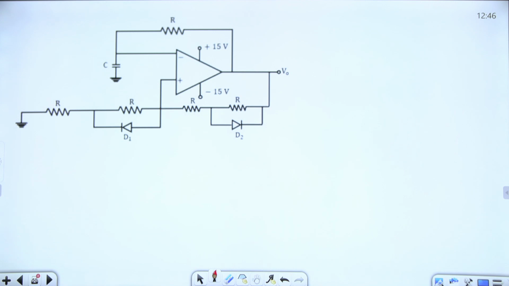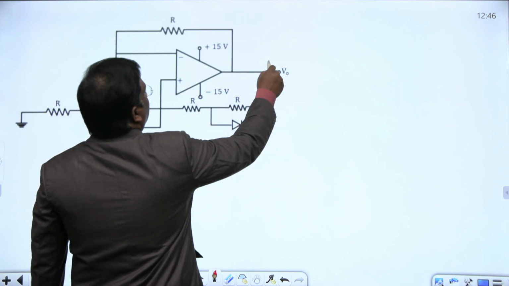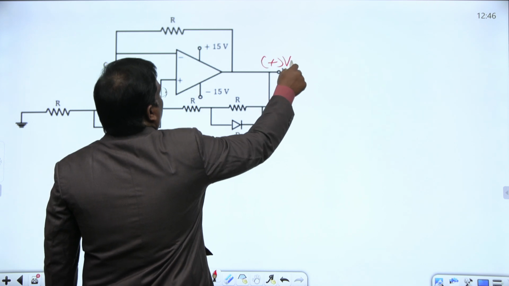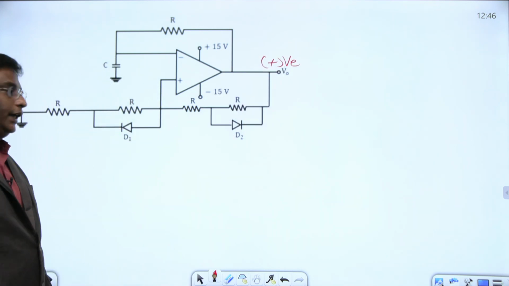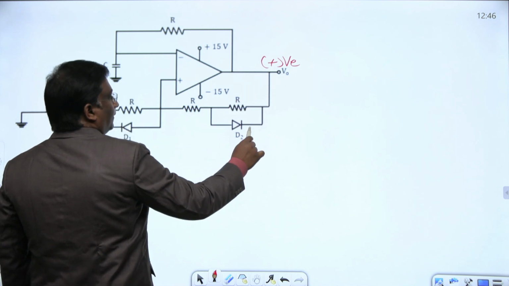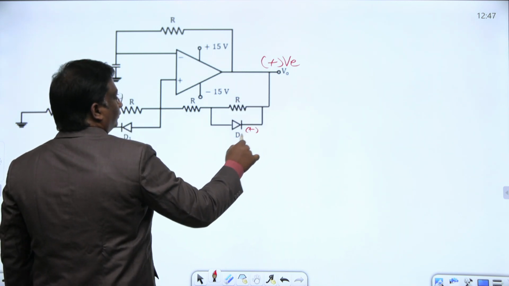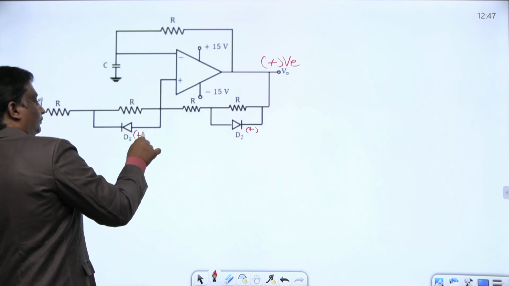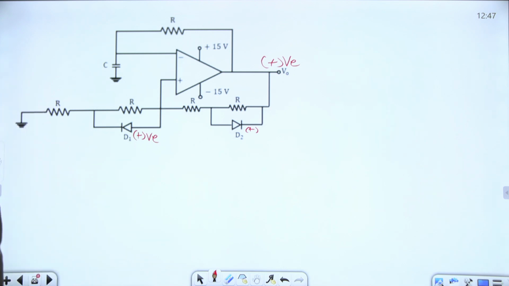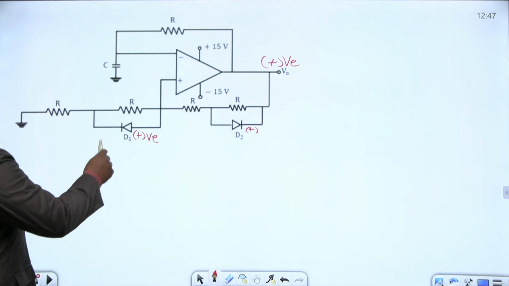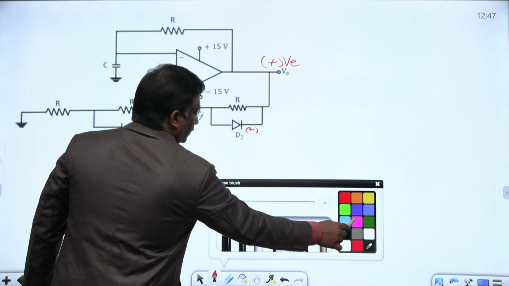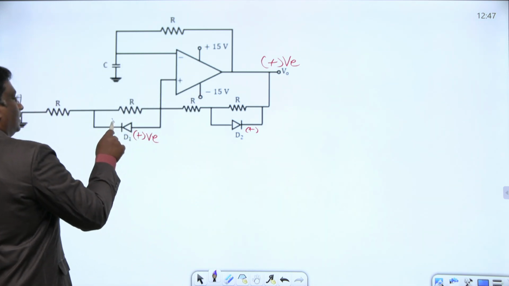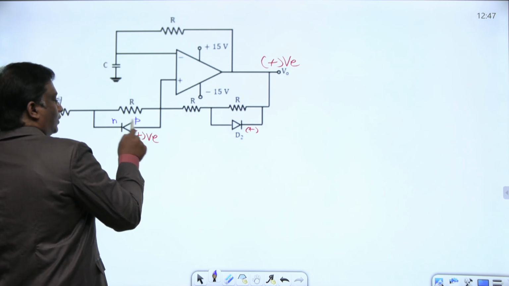Everyone notice here. When this output voltage is positive, this side is positive. For this diode, this is the anode side and this is the cathode side.